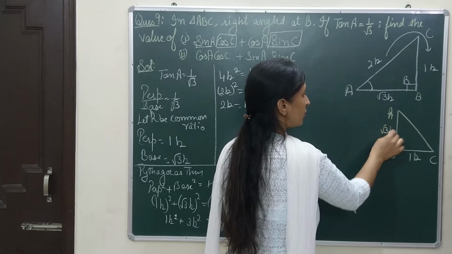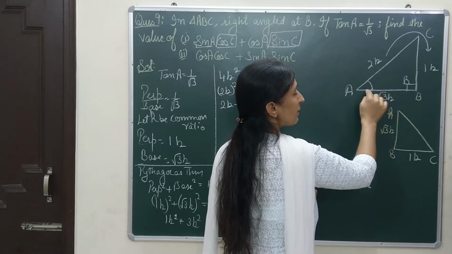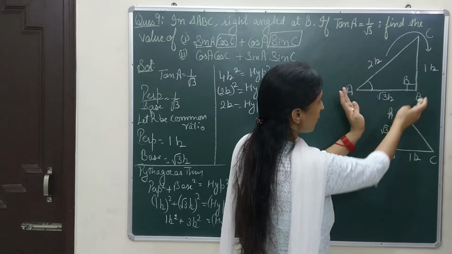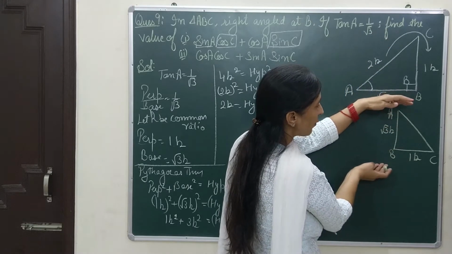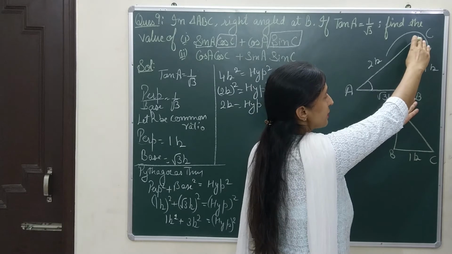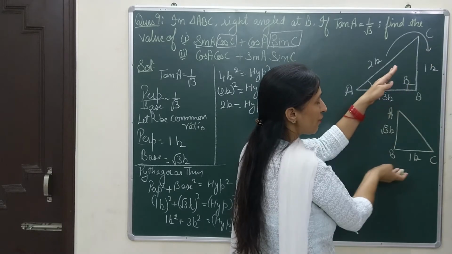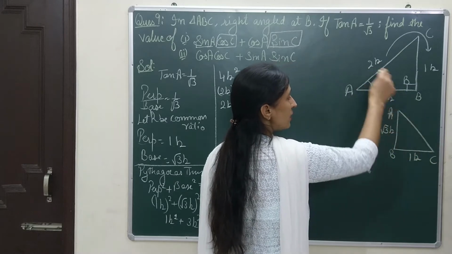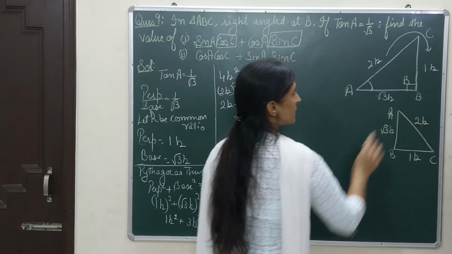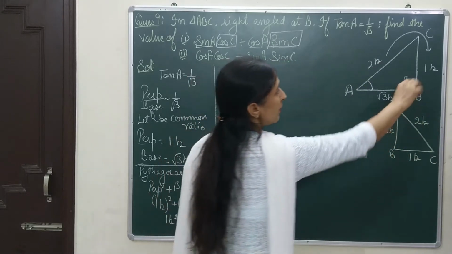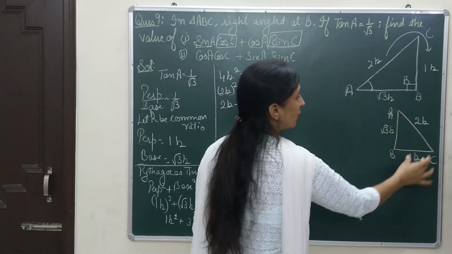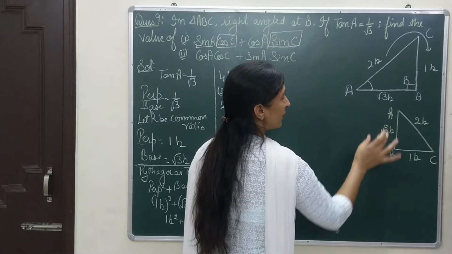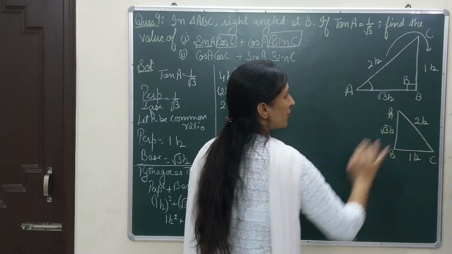So I can write root 3K, but in the perpendicular direction. So the AB base has turned into perpendicular. This BC has become base because it is revolved in this direction, and hypotenuse has moved in this direction, but the values will remain the same. Those will not be changed. BC is having 1K value that I have written here. AB is having root 3K value that I have written here, and AC is again having 2K value.